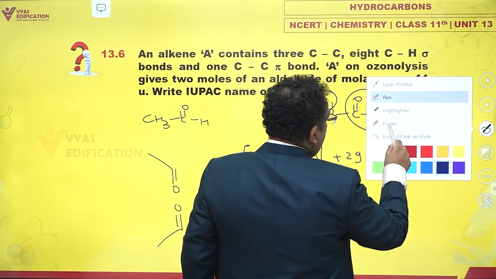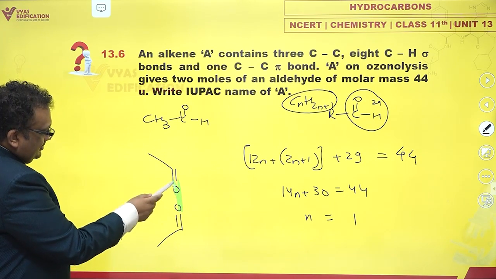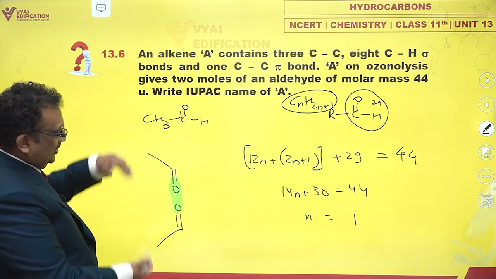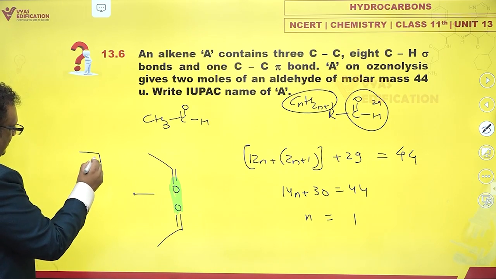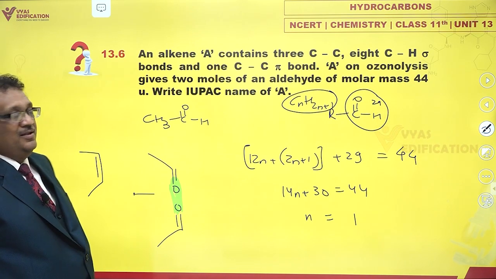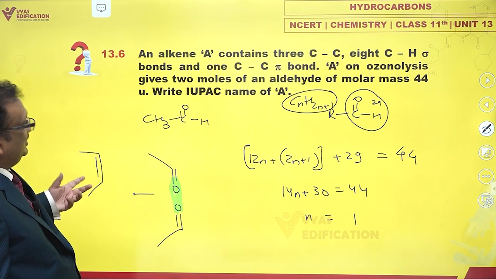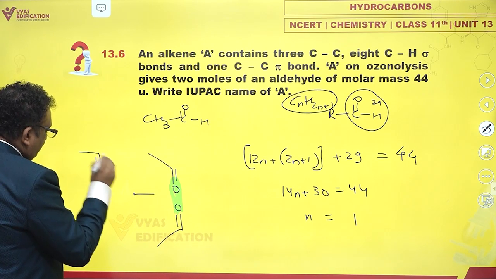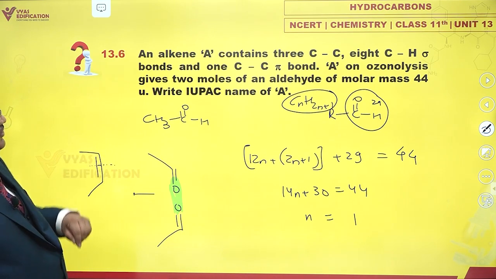How about joining 2 acetaldehydes? If I just join 2 acetaldehydes like this, if I just join them back, what do I get? Well, I get just this. This looks like an alkene. 2 moles indeed. But does this condition satisfy what we had there?